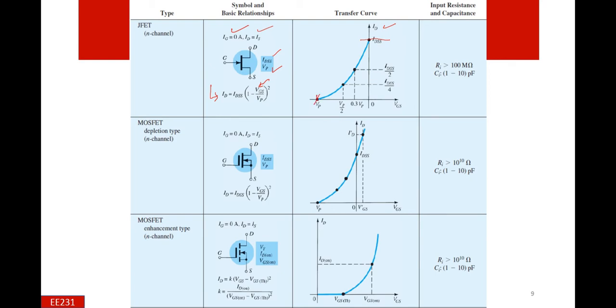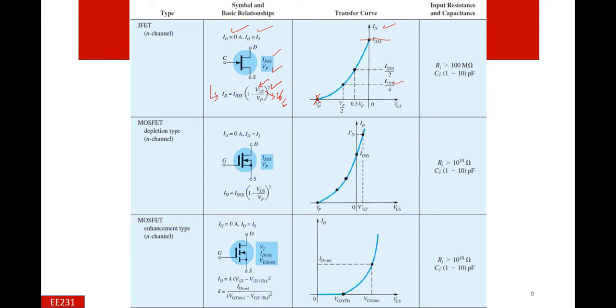Between these 2 points we can draw the effect, which is nonlinear due to this squared term. When the voltage between the gate and source is half of the pinch-off voltage, and this type of calculation is extensively used in DC analysis also, when VGS is equal to VP by 2, then 1 minus half is the half, and the square of the half is the quarter, so the current is the quarter.